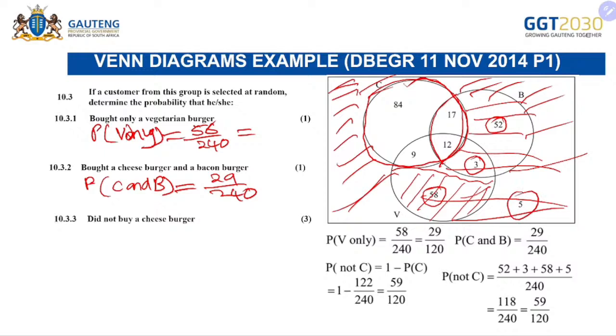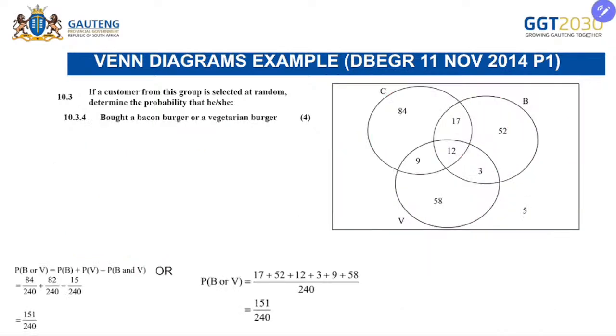It will give me the number that did not buy my cheeseburger. So P not C, we are seeing that will give us 118 over 240. You can simplify that later on and you are able to see the solution on the other side.